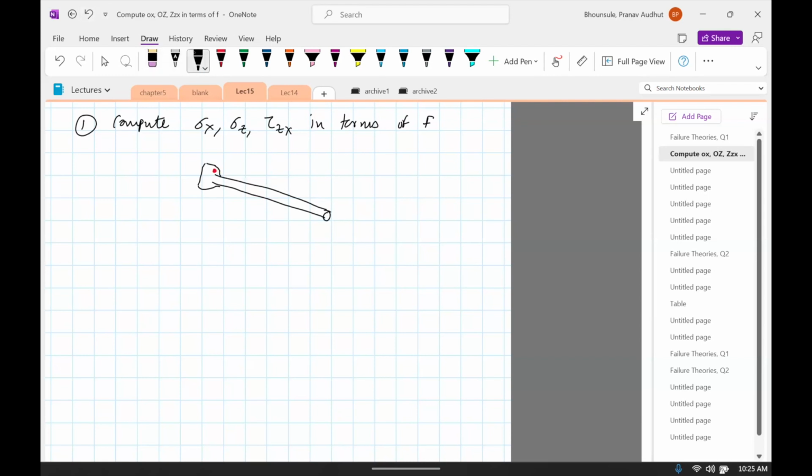And then there's a lever. This doesn't have to be very accurate. There's a force.